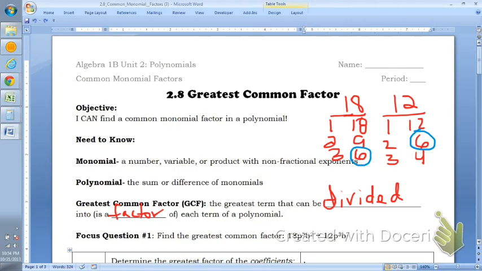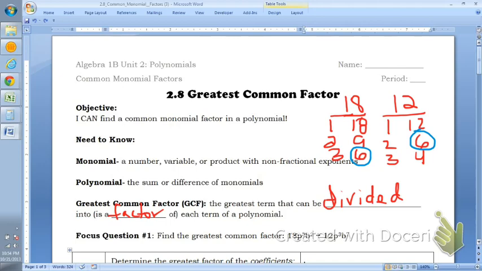That's if you were just trying to find the greatest common factor of two numbers. But now we're going to be looking for the greatest common factor in two terms of a polynomial, or finding that monomial that divides into both terms of a polynomial. So let's take a look at focus question number 1. We've done the hard part for you, or I've done the first step for you, and that's finding the greatest common factor of the coefficient.